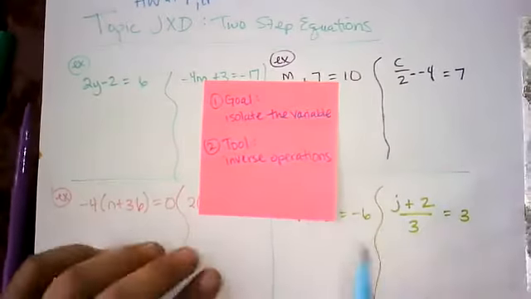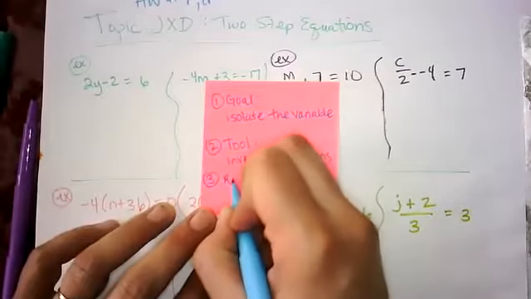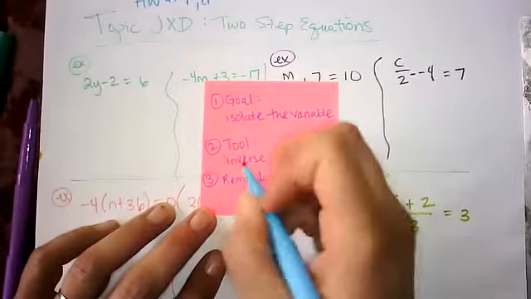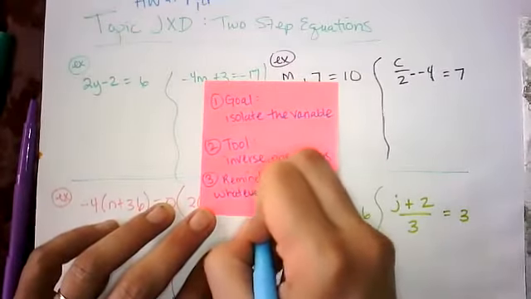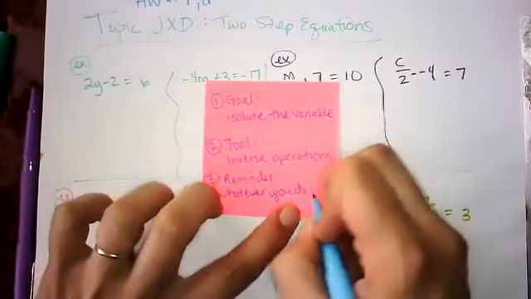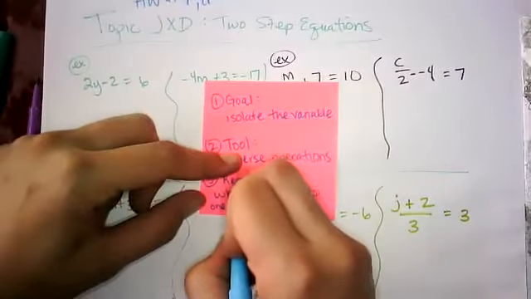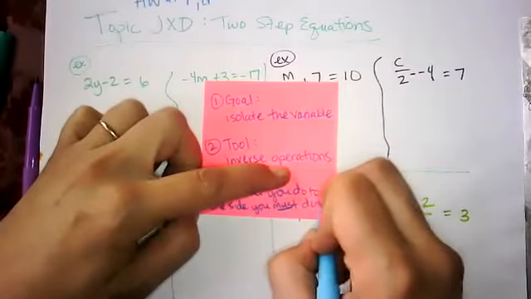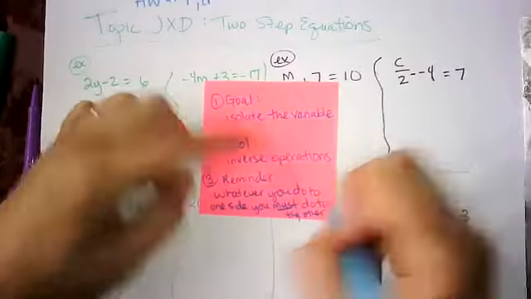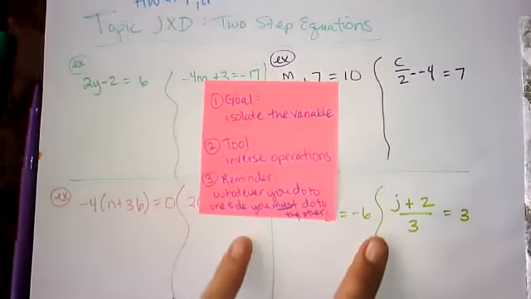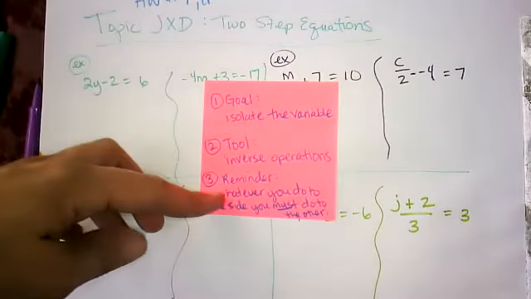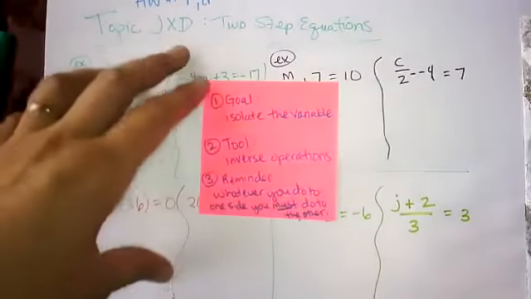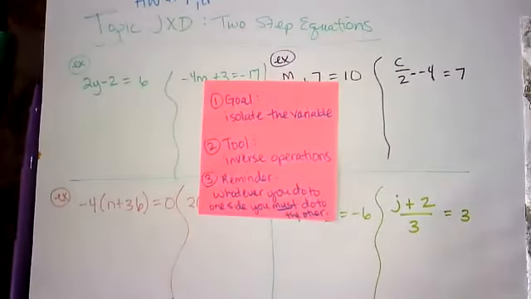And then 3, a reminder: whatever you do to one side, you must do to the other. So as we work through each problem: isolate the variable, use inverse operations, and whatever you do to one side, you must do to the other.